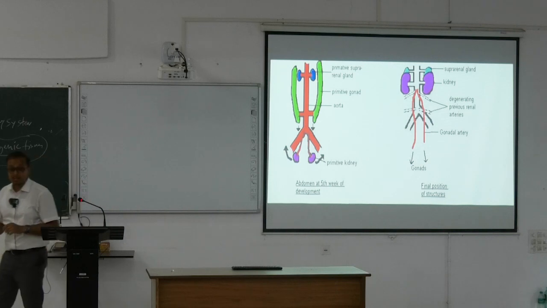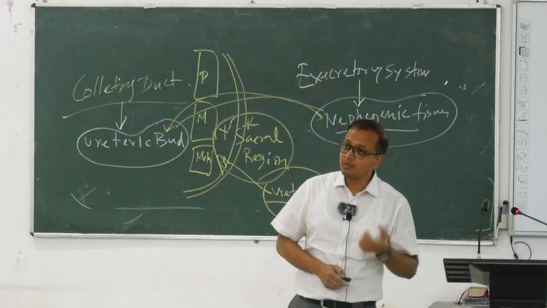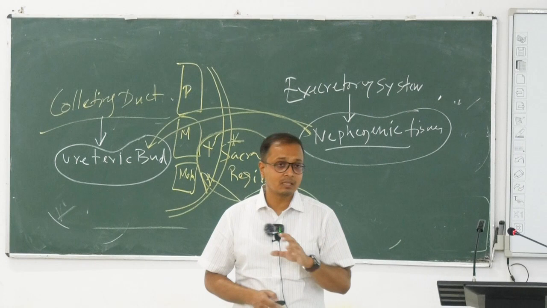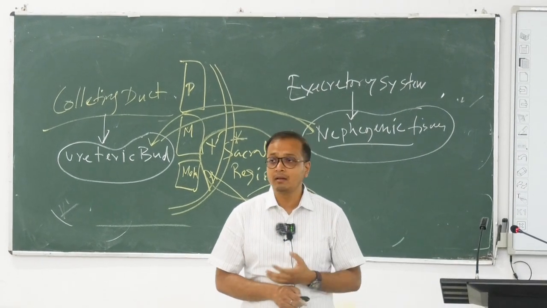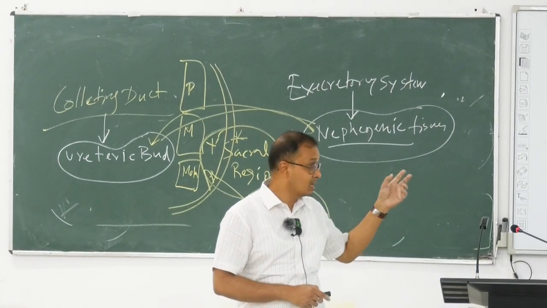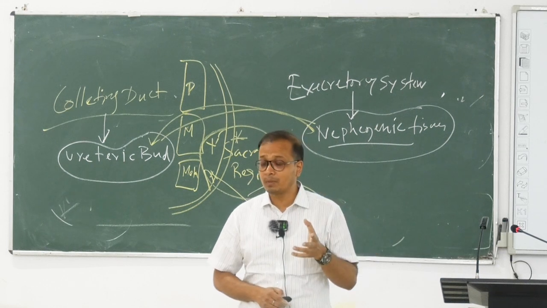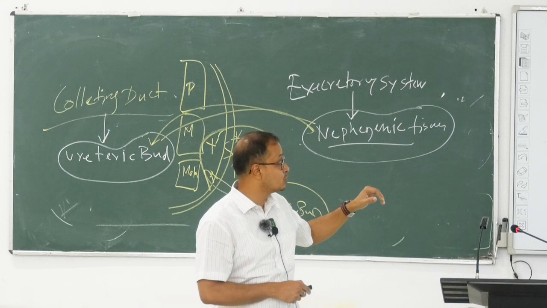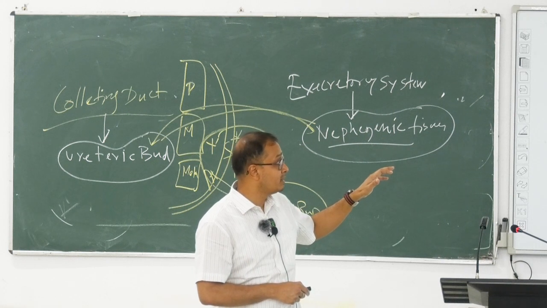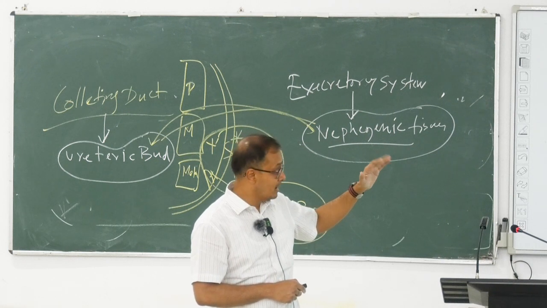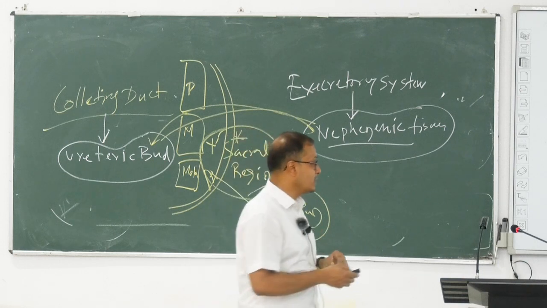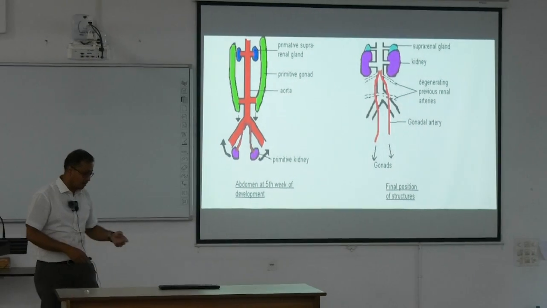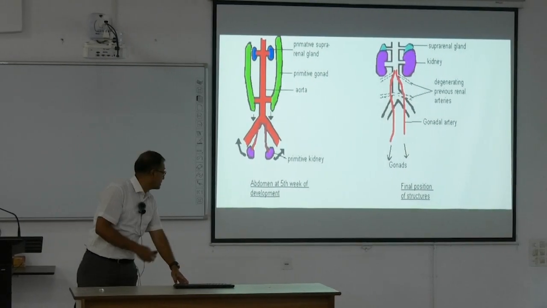So for the ascent of the kidney, what is the triggering factor, and what blood vessels does it accompany or get as it moves up. The kidney we are referring to here is the metanephric kidney, which climbs up below the diaphragm till it reaches the suprarenal gland and settles down there. This comes as a short note on ascent of the kidney or error of the ascent of the kidney, which is a clinical problem.